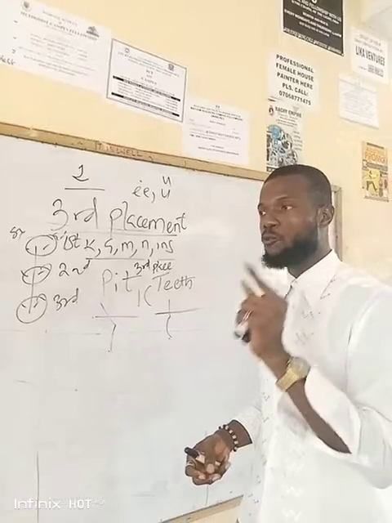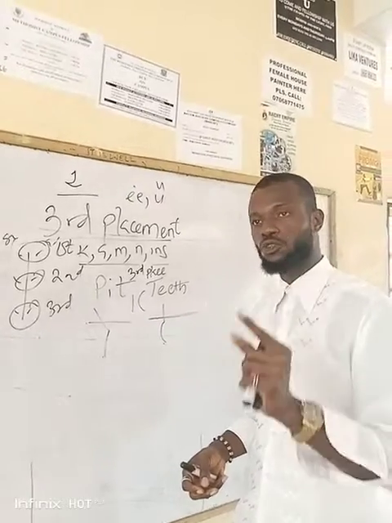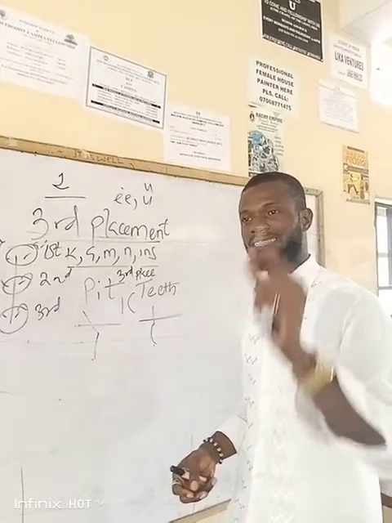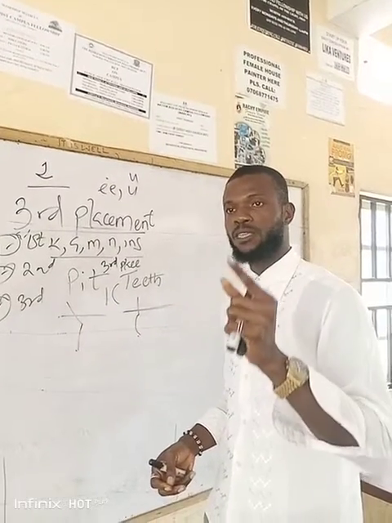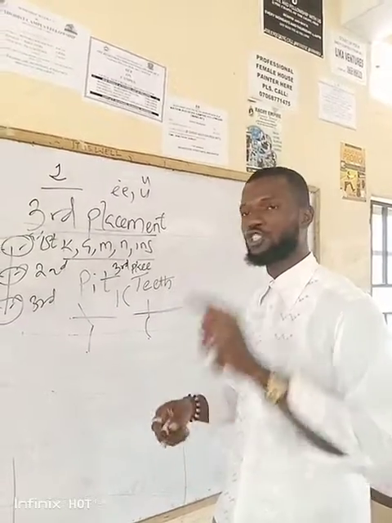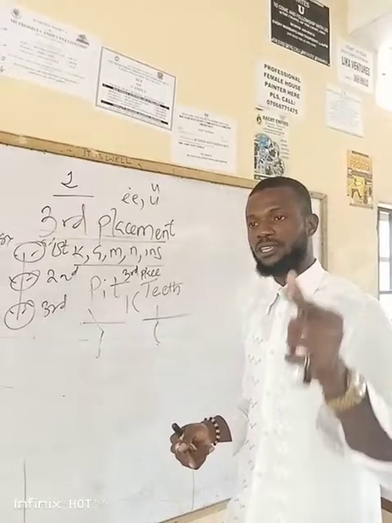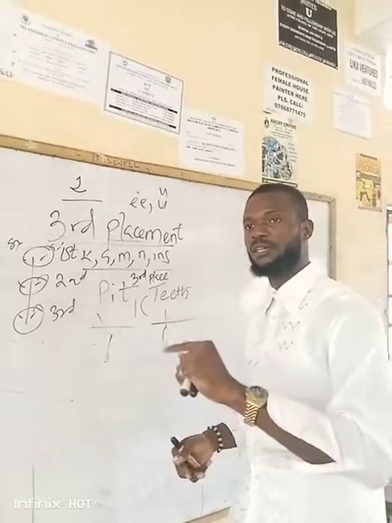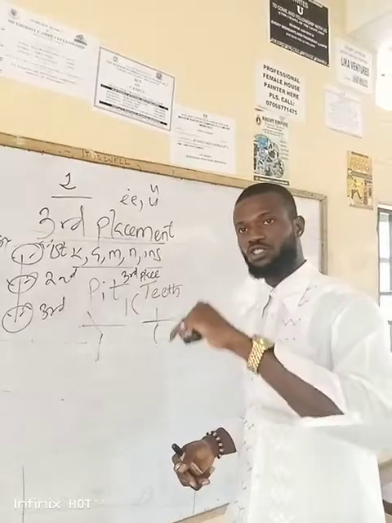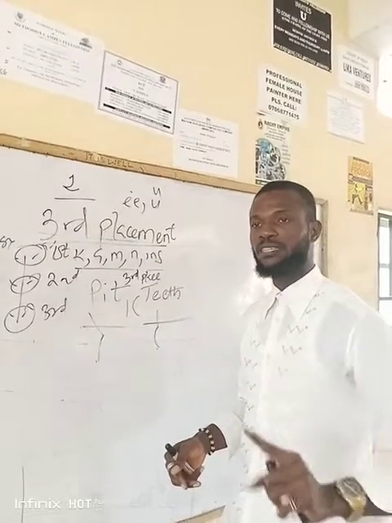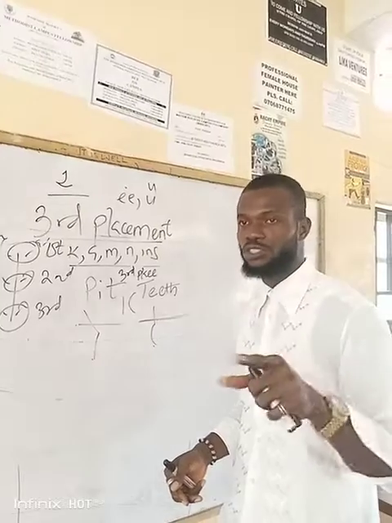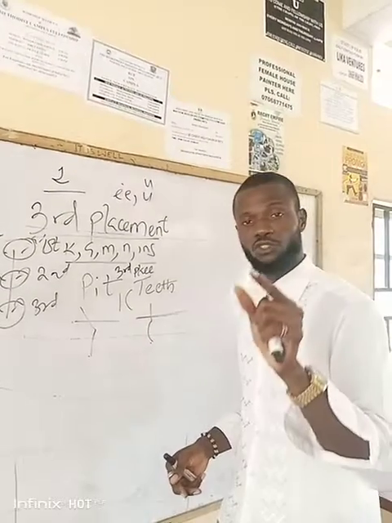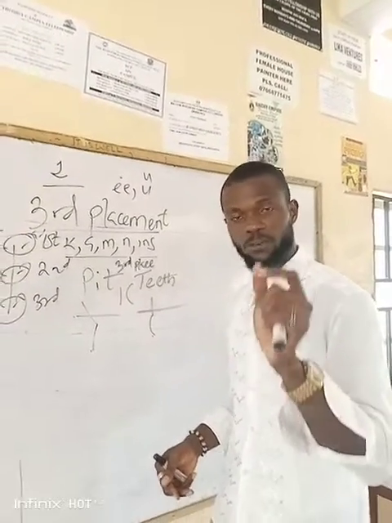And if there is a horizontal stroke as the first stroke, the rule of the third place will transfer to the next consonant stroke. That means it will be the next consonant stroke that will cross the line, not the horizontal stroke, because a horizontal stroke does not cross the line.